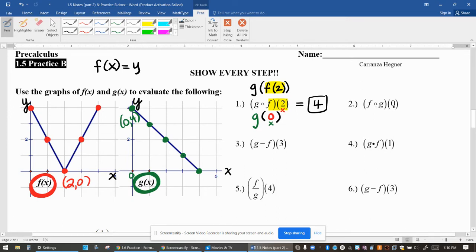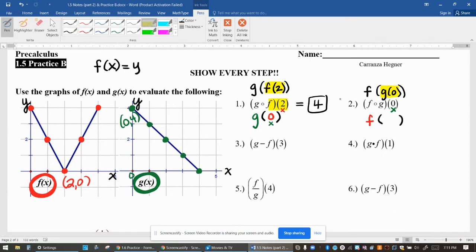Okay, we've got another composition of functions. So they want f of g of 0. You're going to evaluate g of 0. That's the green function. Remember, that's an x value. Well, we just did that in the previous problem. G of 0 is 4. The f function, I'm going to bring it down to f.